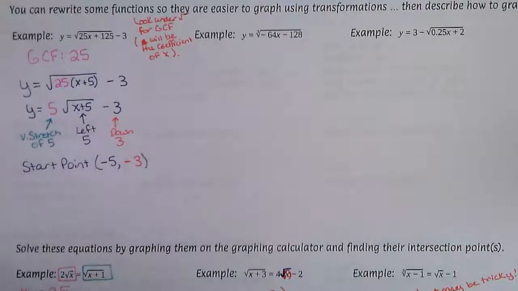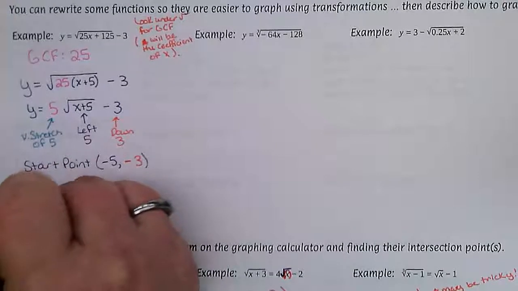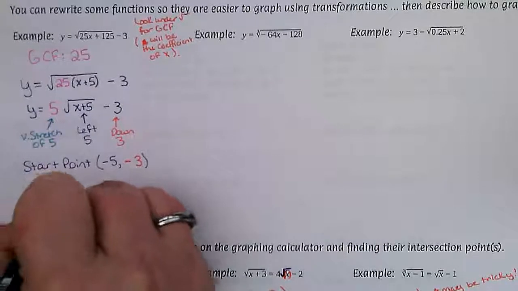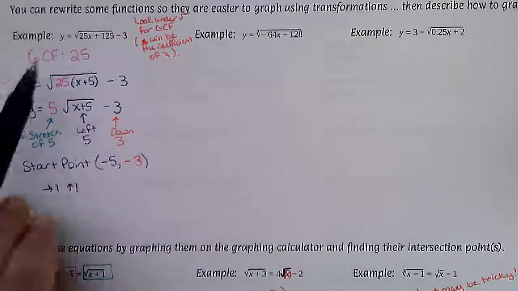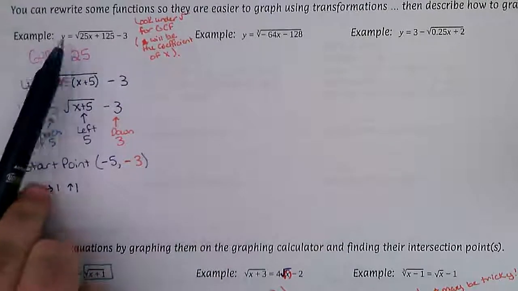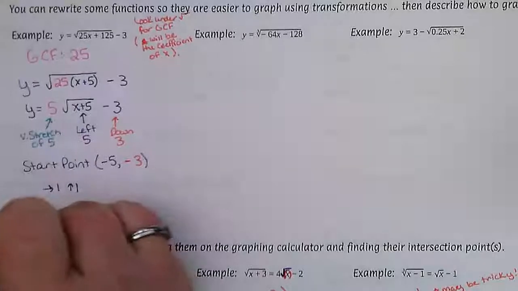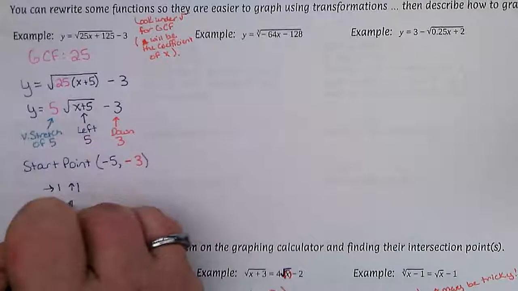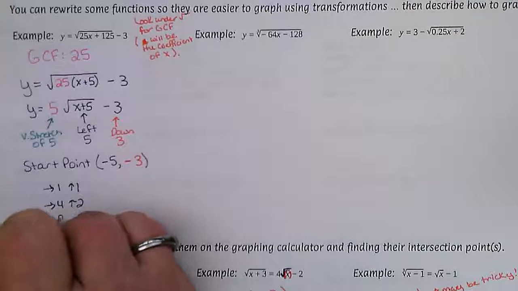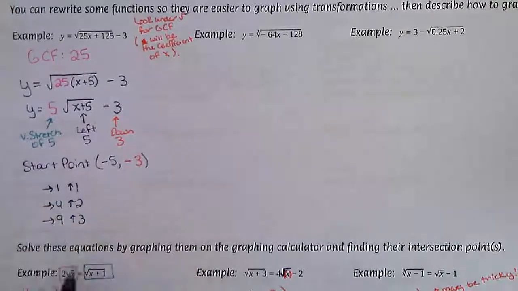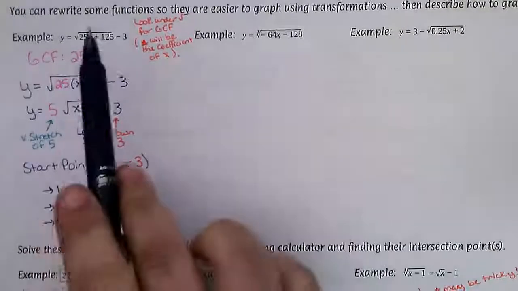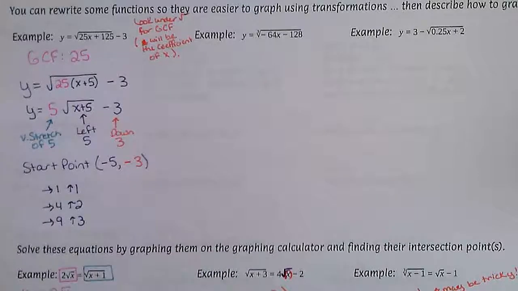Then my normal pattern for growing on one of these is right 1, up 1, because that's the same on all of them. Now I need to check what kind of root this is. Since this is square root, I'm going to go right 4, up 2, right 9, up 3. And remember, that does not have any mirror points. The square root doesn't have any other points.